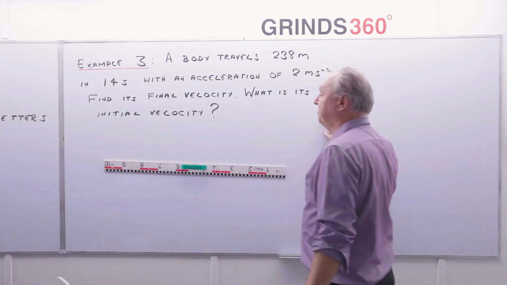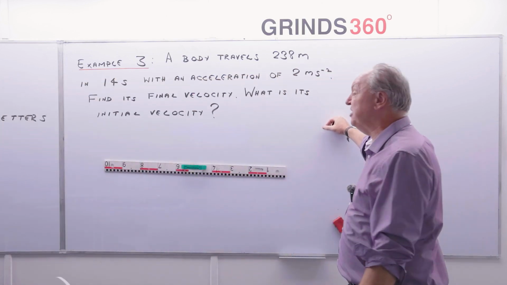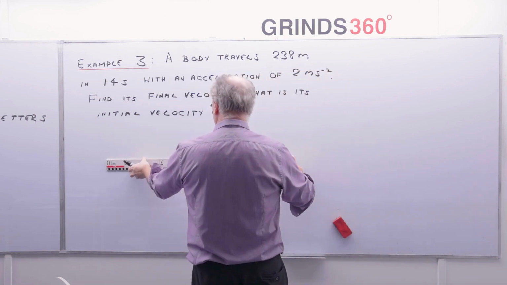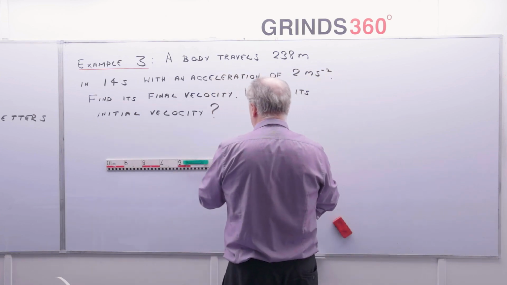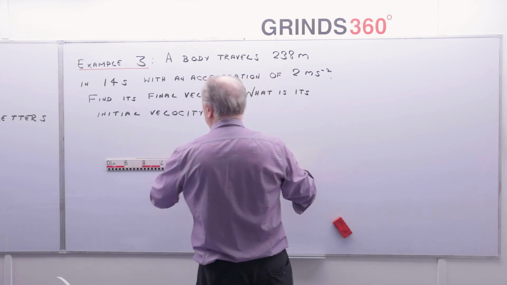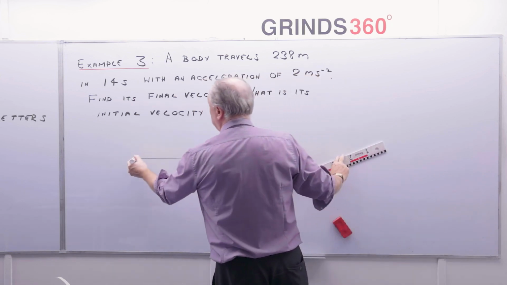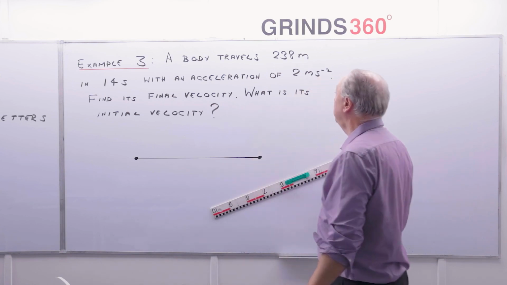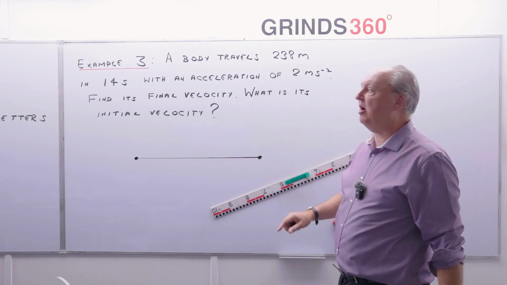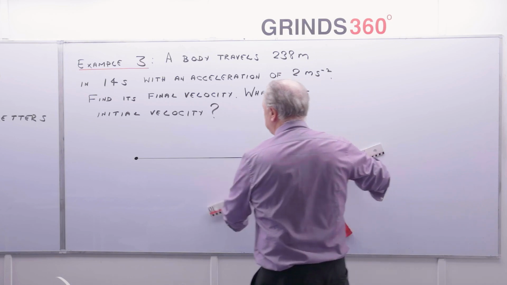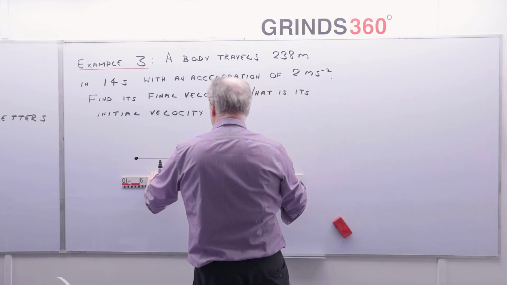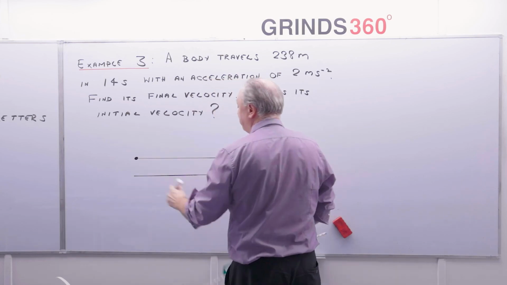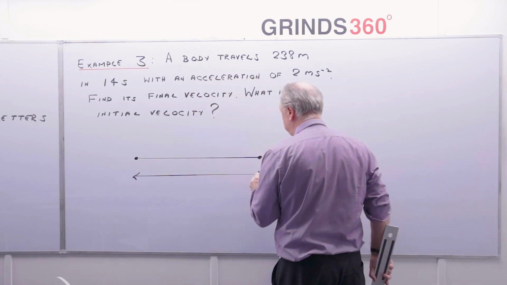Okay, so let's look at that question in detail. Now here's my question. I always start by drawing a very simple diagram. We're talking about drawing a line, a horizontal line. So there's my horizontal line. What am I told? There's my starting position. There's my finishing position. I'm told it travels a distance of 238 meters. So that distance from start to finish, that there represents 238 meters.